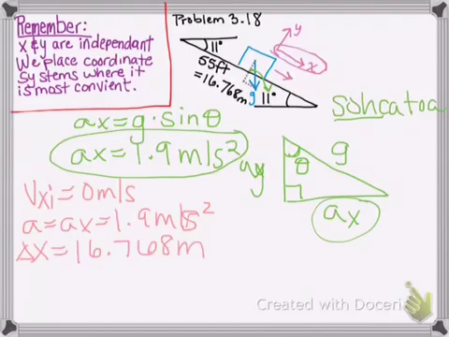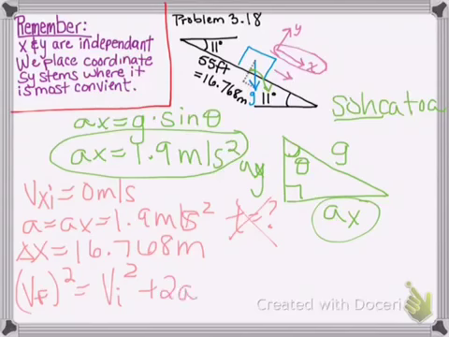We are missing one piece of information that we typically have from these problems, and that is time. But we don't need time, because we have equations that are time independent. That brings us to VF squared is equal to VI squared plus 2A delta x.